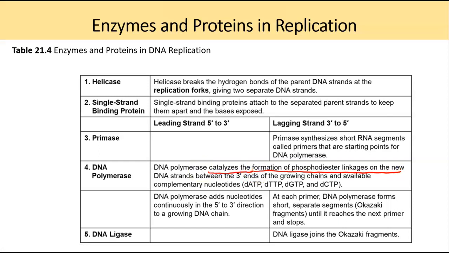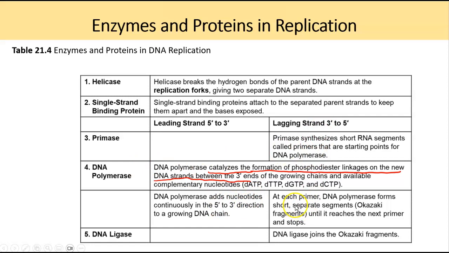It catalyzes the formation of phosphodiester linkages on the new DNA strands between the 3' ends of the growing chains and available complementary nucleotides. And also DNA polymerase adds nucleotides continuously in the 5' to 3' direction to a growing DNA chain. That's what it does for the leading strand. It makes this continuous leading strand from 5' to 3' direction.